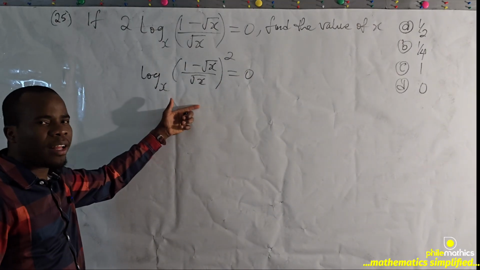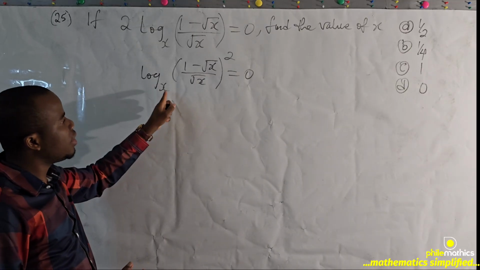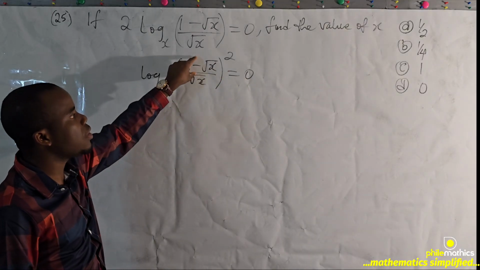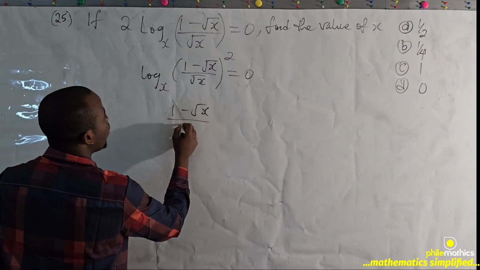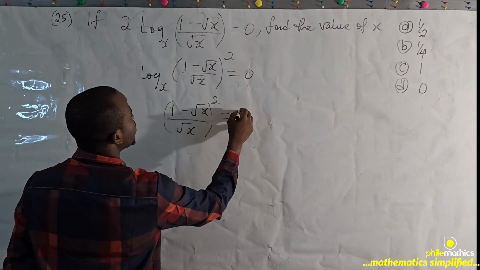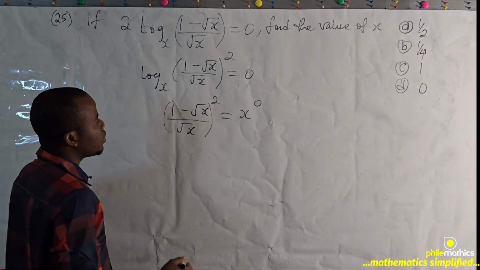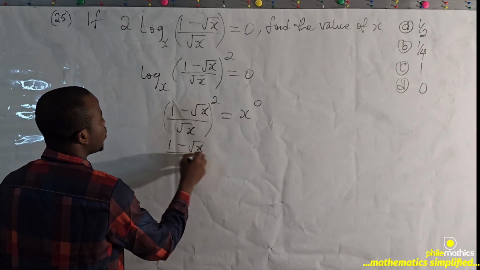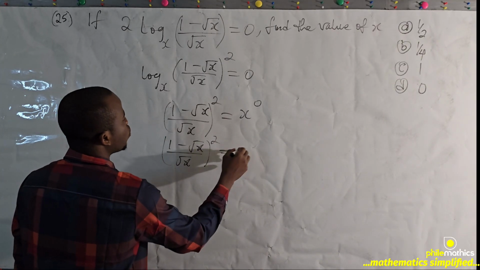You know we can convert logarithm to indices, and how we do that is this base to this power must give us this. So (1 minus root x) over root x, we are guaranteed, will give us x to the power 0. And anything to the power 0 is 1. And this is ((1 minus root x) over root x) all squared is 1.